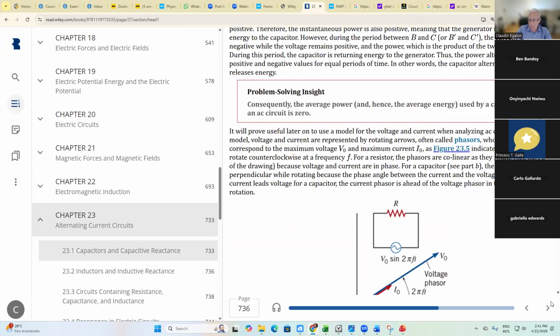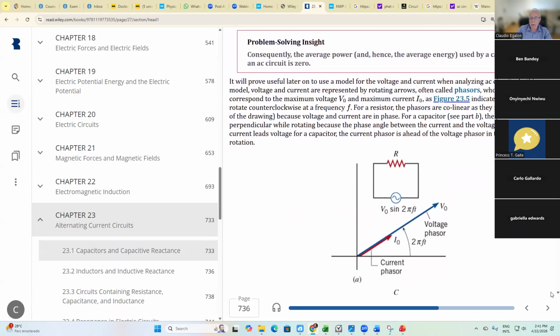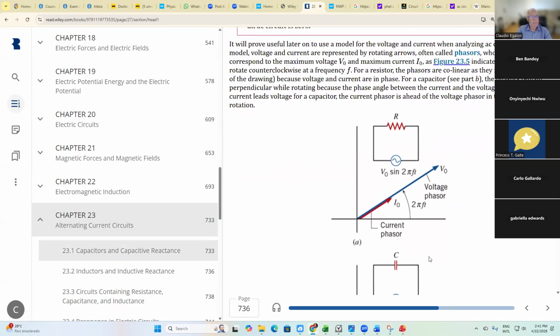Oh yeah, it does have the phasor diagram here. Okay, yeah. That's a phasor diagram. You wanted to see, not this illustration here, right? But those vectors that you see in there.